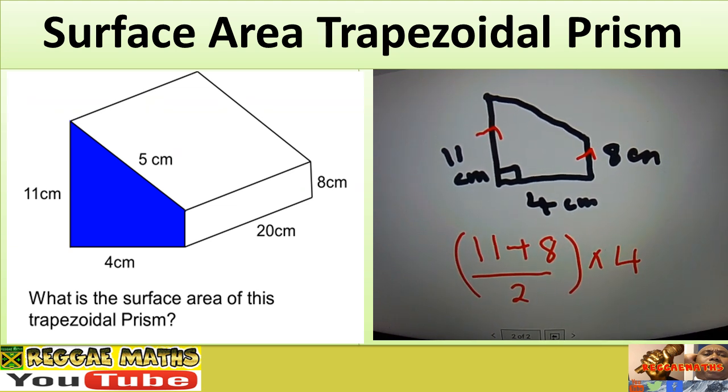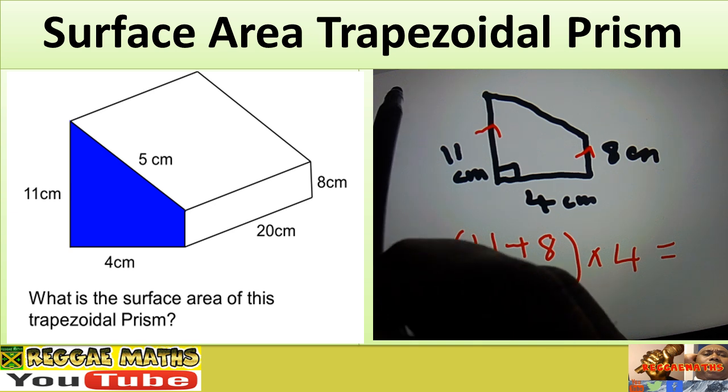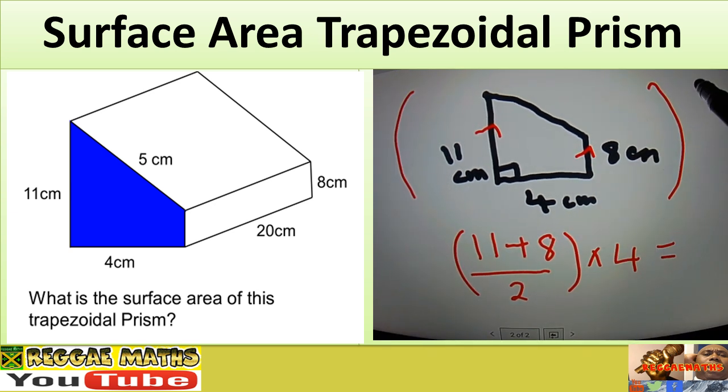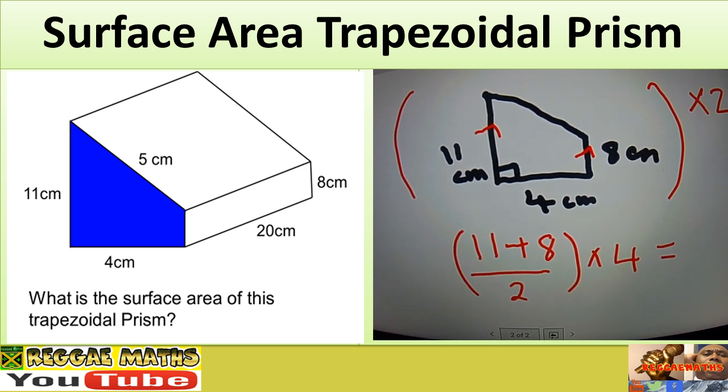Okay, that is how you work out the area of the trapezium. Then that trapezium is going to be times 2. I'm going to times all of that by 2, because you got two trapezium which are exactly the same.